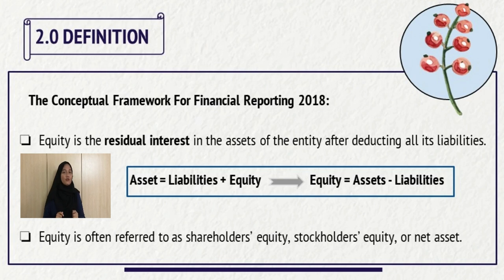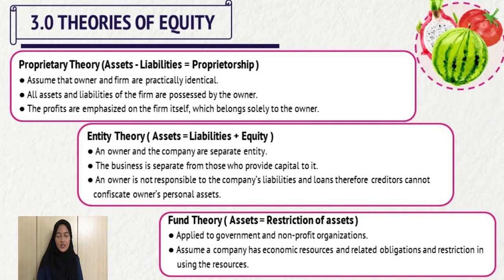Equity is also often referred to as shareholders' equity or stakeholders' equity, and there are a few theories of equity, which are proprietary theory, entity theory, and fund theory. Proprietary theory is based on the principle that the business or organization being accounted for belongs to one or more persons thought of as proprietors, or the owners, meaning that the owners own the assets and also own the liabilities.